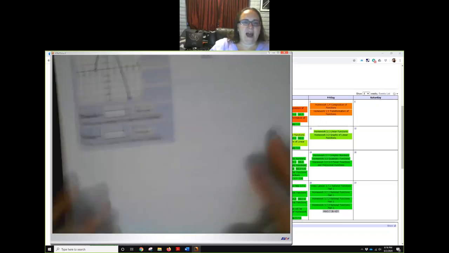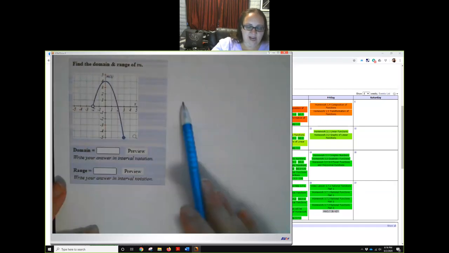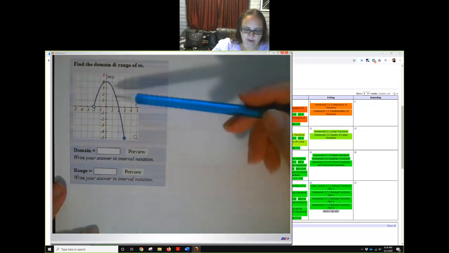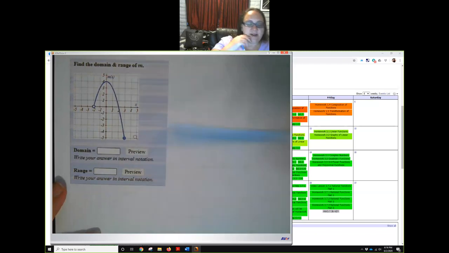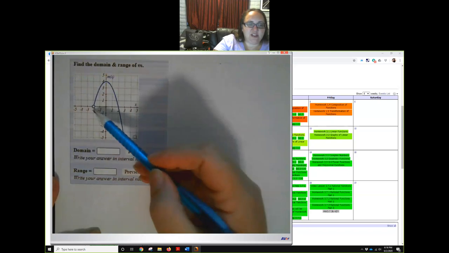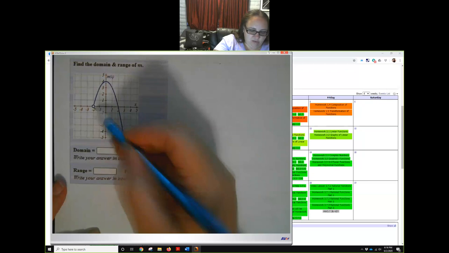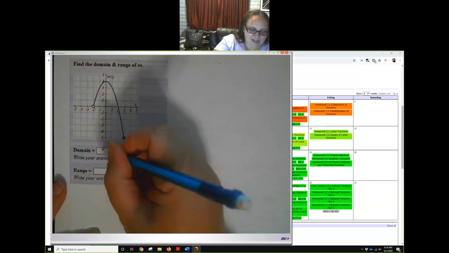So then in a graph, domain is left to right, range is bottom to top. In interval notation, we would say that from left to right, on the left side, this starts at -2. -2 has an open circle, which is a symbol of exclusion. So that means -2 gets a parenthesis.